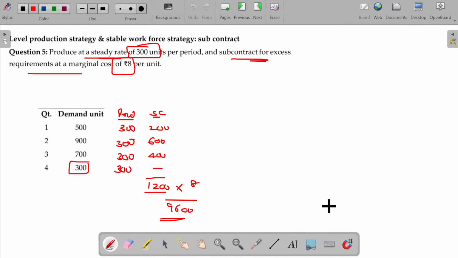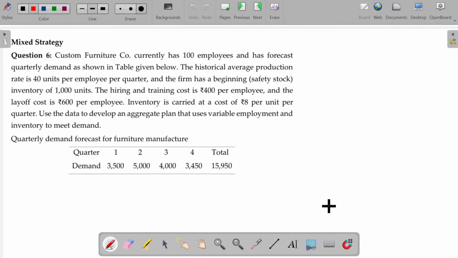So now we'll see exam based or book back problems here. Mixed strategy. Question number 6. We may have 2 or 3 strategies here. Earlier we have seen 5 models, now called pure strategy.